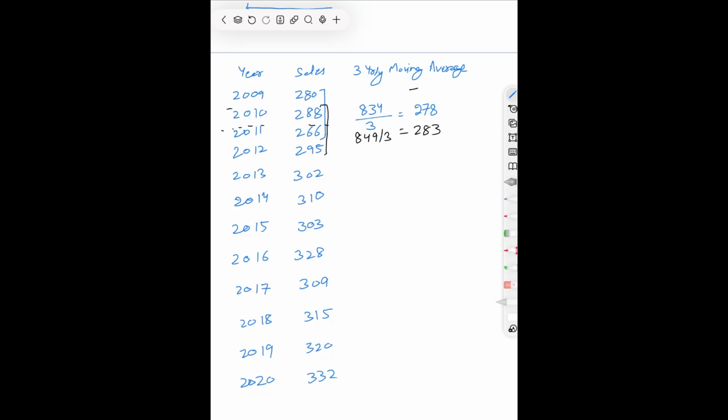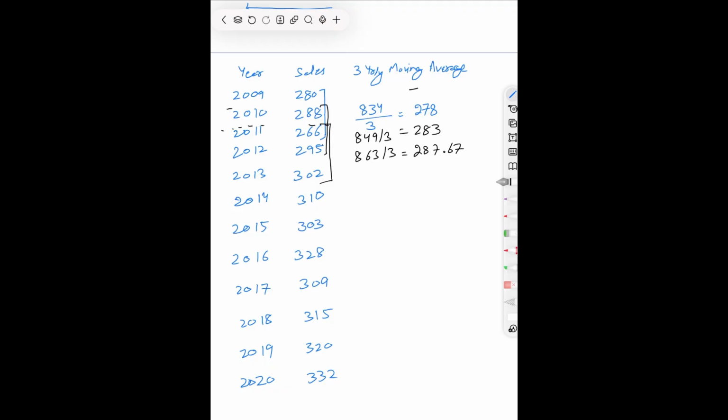So now we will consider the next 3 items. So next three will be 266, 295 and 302. So the total will be 266 plus 295 plus 302. The total comes to 863 divided by 3 and we are getting 287.67.